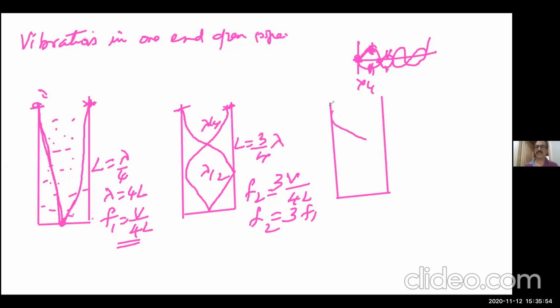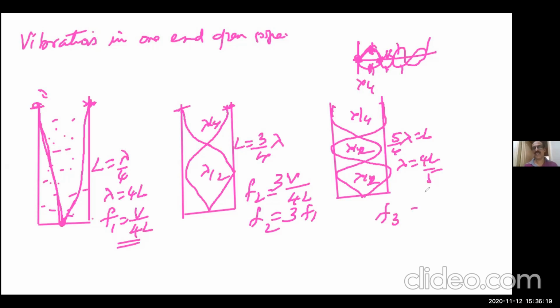A little more. If you blow strongly, it will form like this. See? 1, 2, third one. So lambda by 2, lambda by 2, lambda by 4. So 5 by 4 lambda is equal to L. So lambda is equal to 4L by 5.